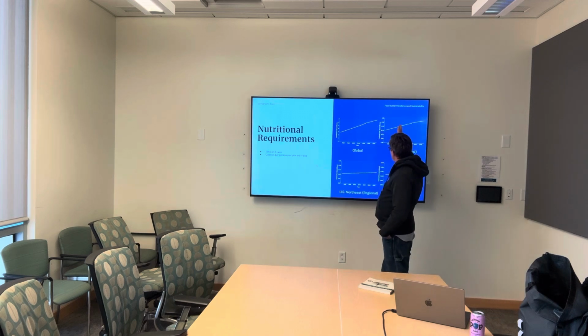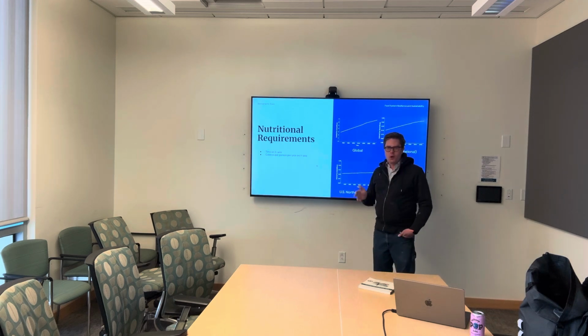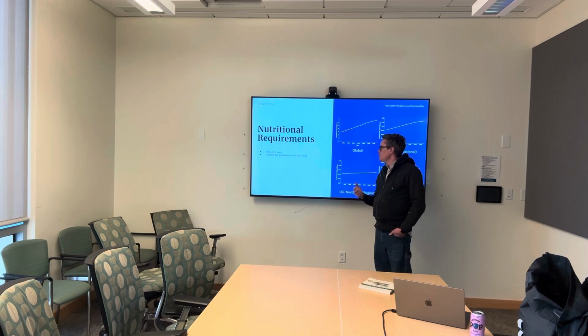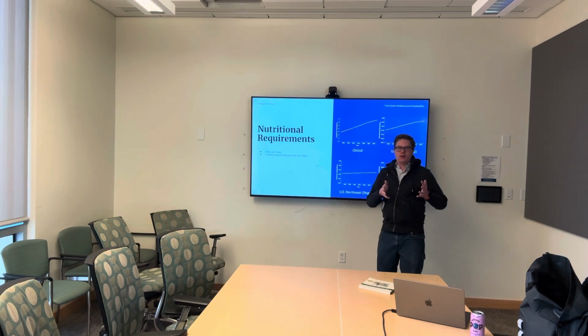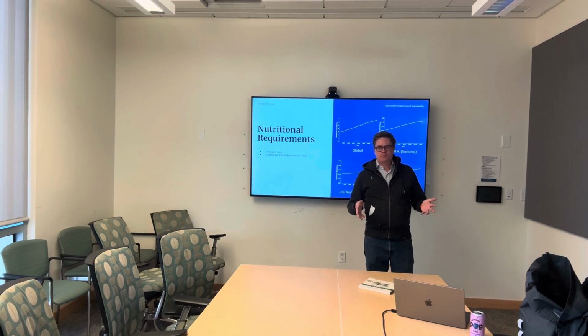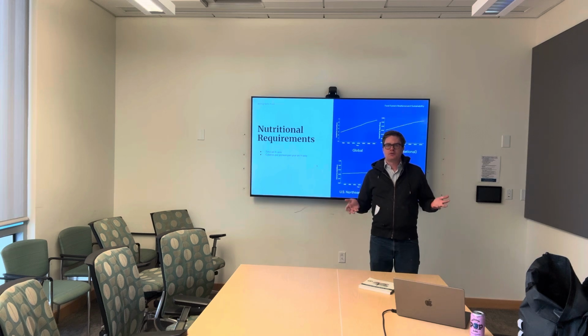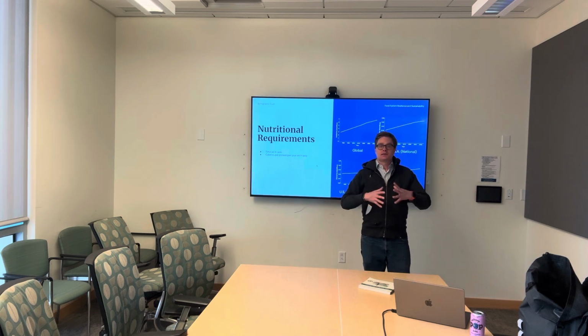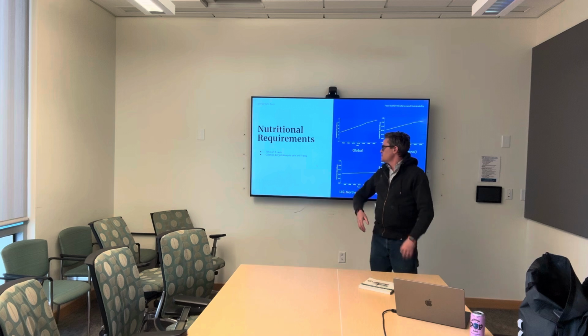The lines represent the nutritional requirements of each one of these systems, which is to say, a human being requires 2,000 calories per day to live, times 365 days in a year, times the population in the system.